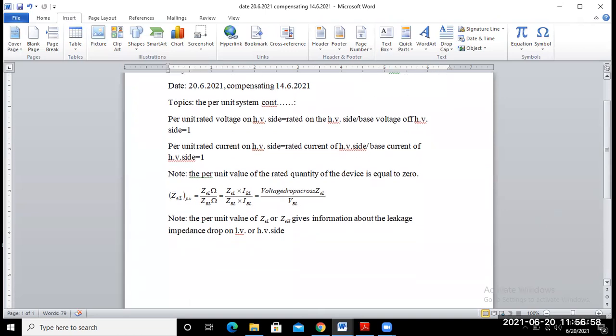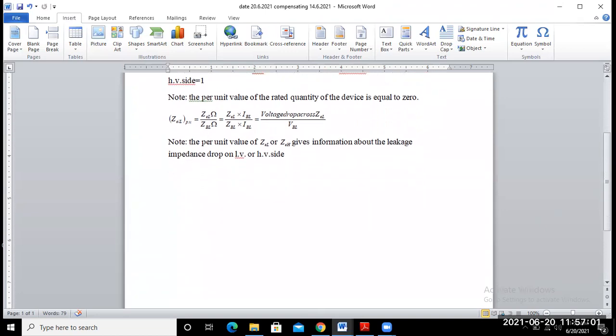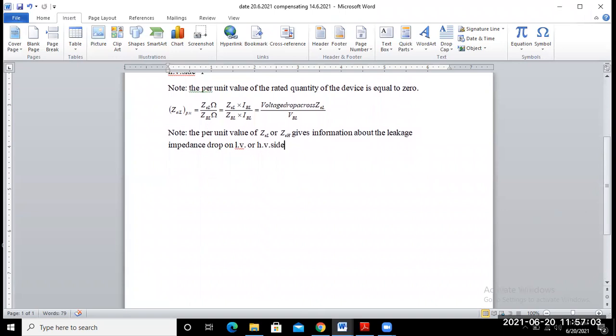Suppose we want to write R EL, the resistance of the low voltage side, in per unit.